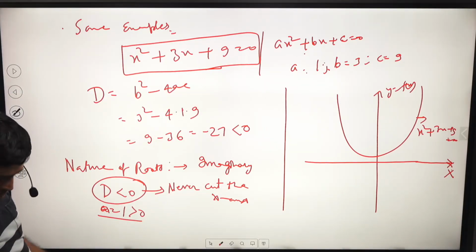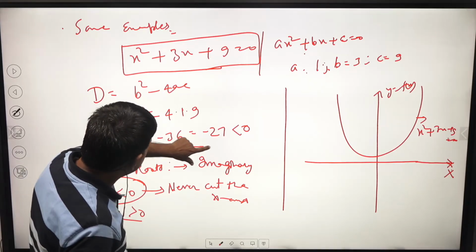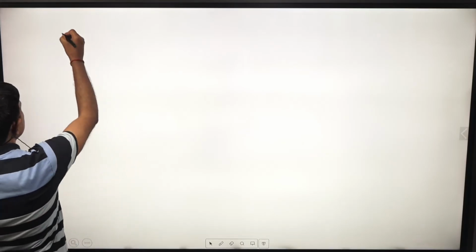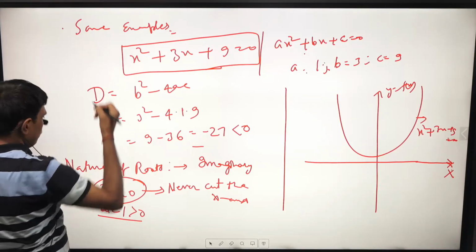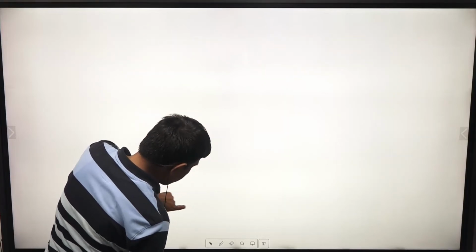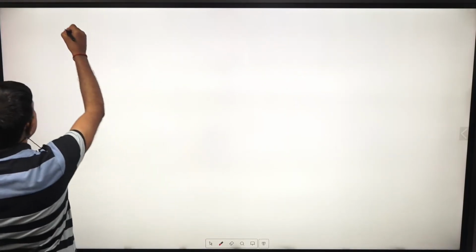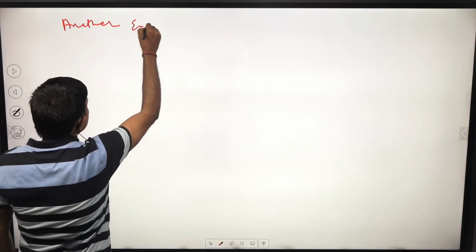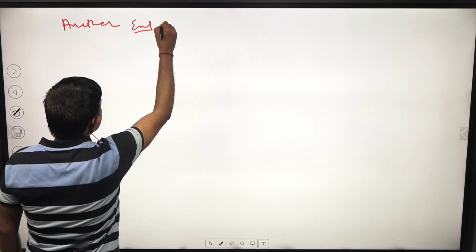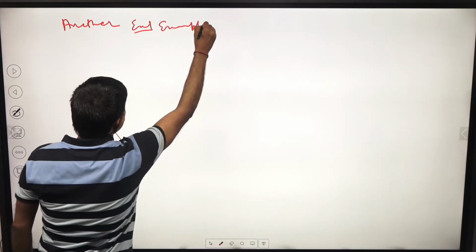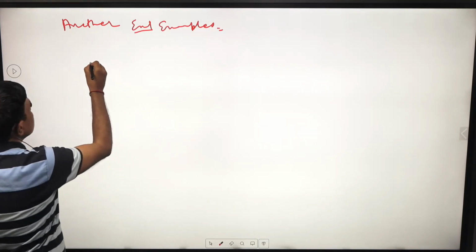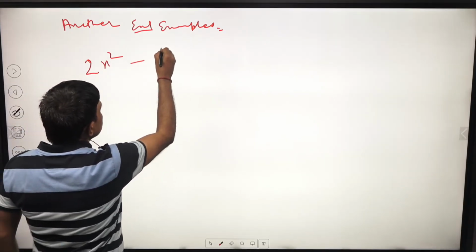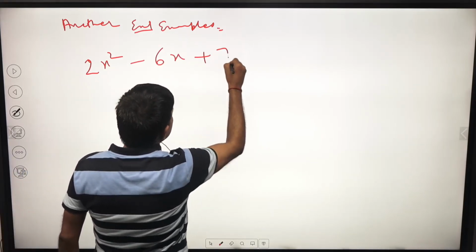Similarly, suppose take some positive value. Another example. Suppose that 2x square minus 6x plus 7 equal to 0.